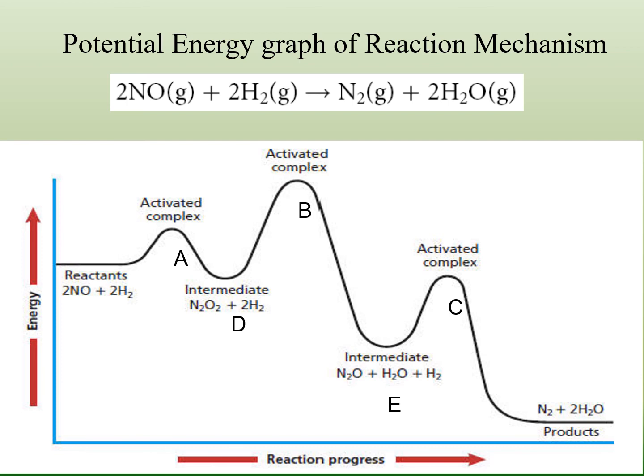The intermediates formed from that reaction go on to react, and the peak at C represents the activation energy of step 3. Step number 2 is the rate determining step, so we will have the highest activation energy. As a rule, the higher the activation energy, the slower the rate of reaction, because more energy is needed to get it going.